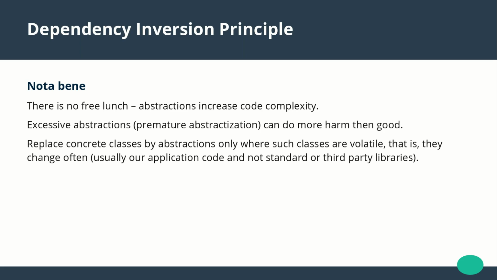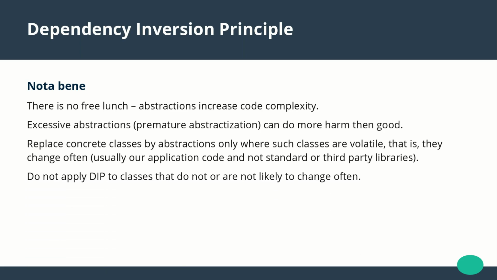So that basically applies only to our own application classes in the applications that we build. We don't apply the dependency inversion principle to classes that do not change or are not likely to change often. So keep that in mind.